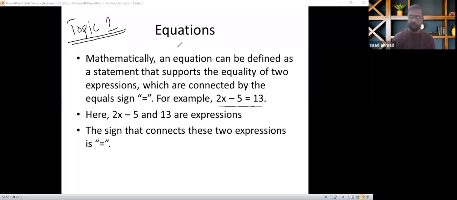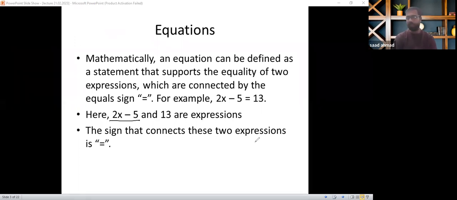So we have two expressions, one on the left side and one on the right side, and when both of these expressions are equal, we call it an equation. The sign that connects these expressions is the equality sign. So where we see this sign connecting the two expressions, we call that an equation.